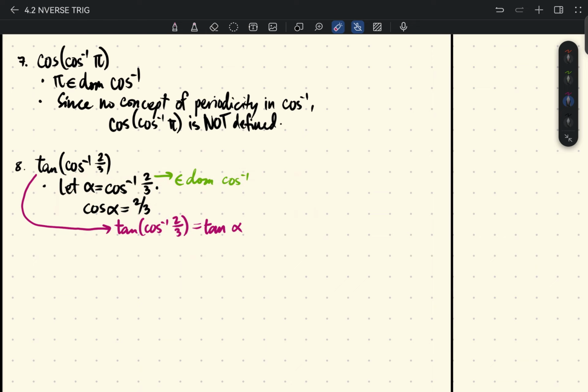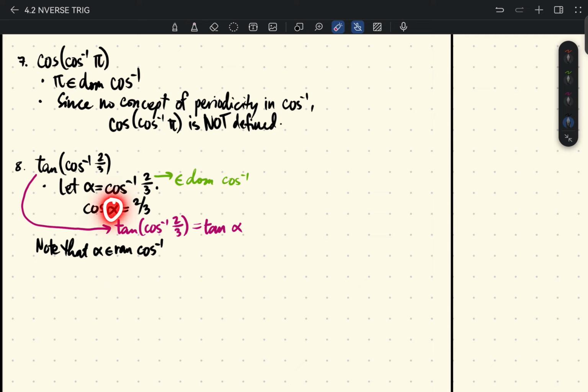So what we'll do right now is, using cosine alpha, we will look for tangent alpha. First, take note that alpha should be inside the range of your cosine inverse. So why range?